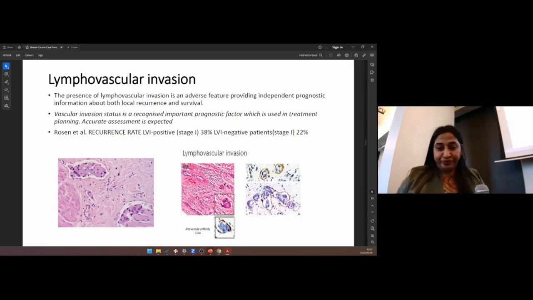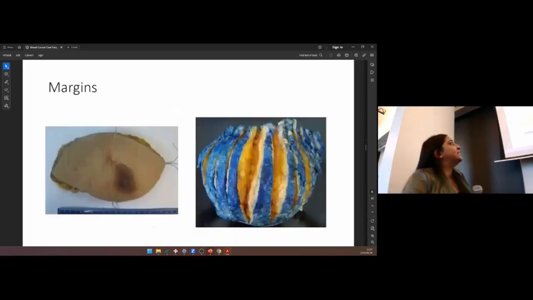Margin status, very important. In our lab, we have multiple colors that we use to mark our margins. Francois' team's very good.